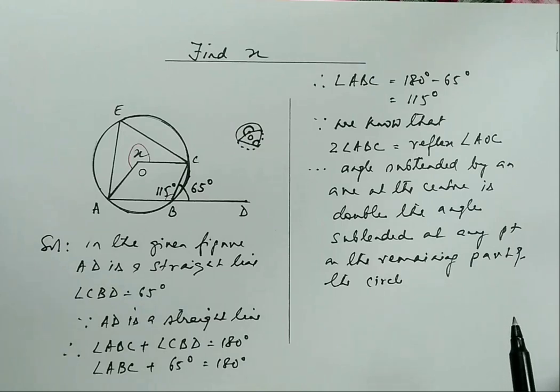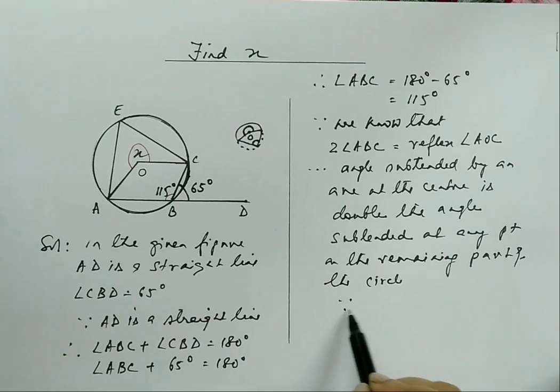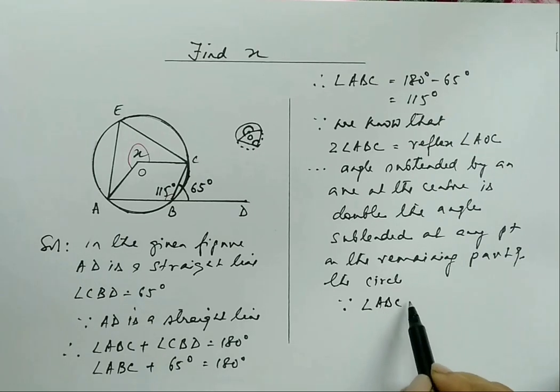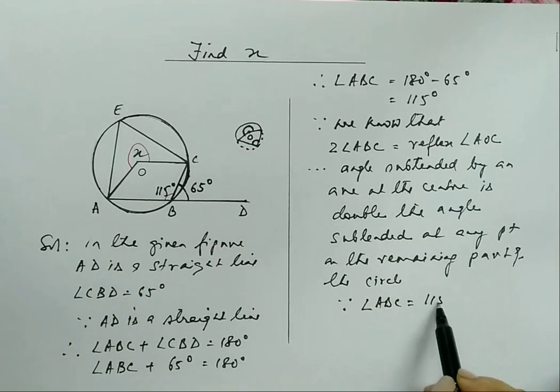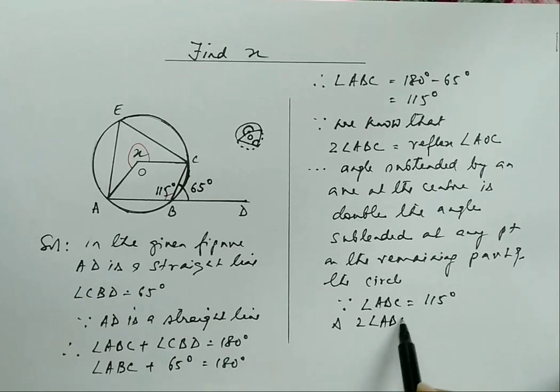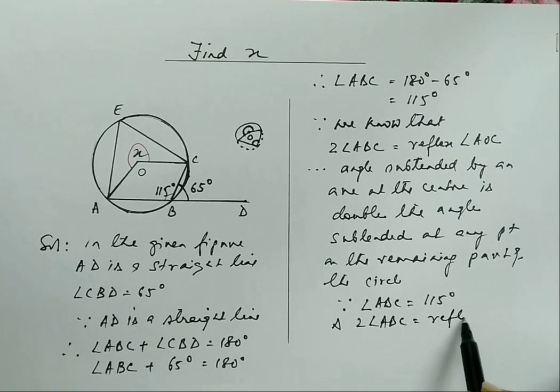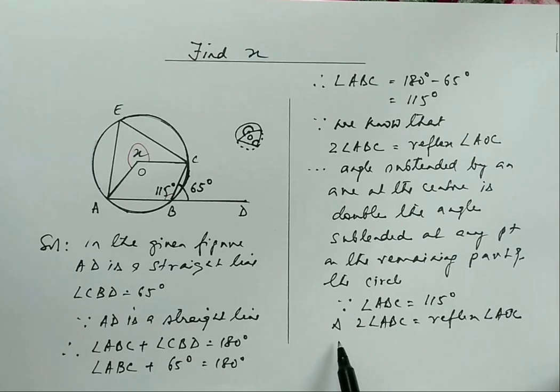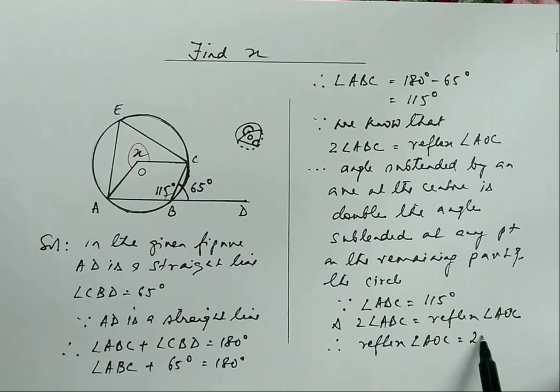So which means what? Since angle ABC is equal to 115 degrees and 2 angle ABC is equal to reflex angle AOC, therefore reflex angle AOC is equal to 2 multiplied by 115 degrees, which is equal to 230 degrees.